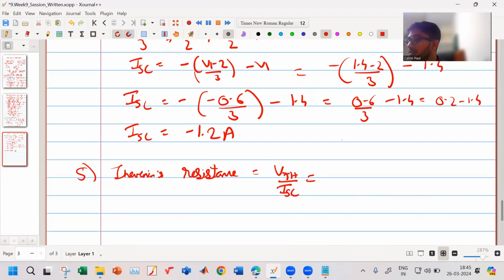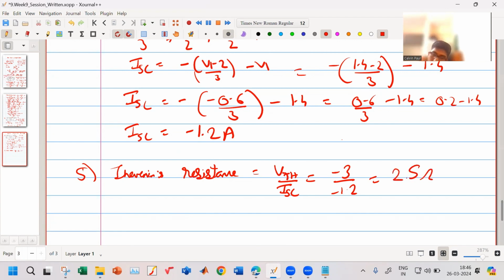How much is VTH? Minus 3. And how much is ISC? Minus 1.2. So how much is my RTH? 2.5 ohm. So you must take care of the signs. Minus cancels, 2.5 ohm.